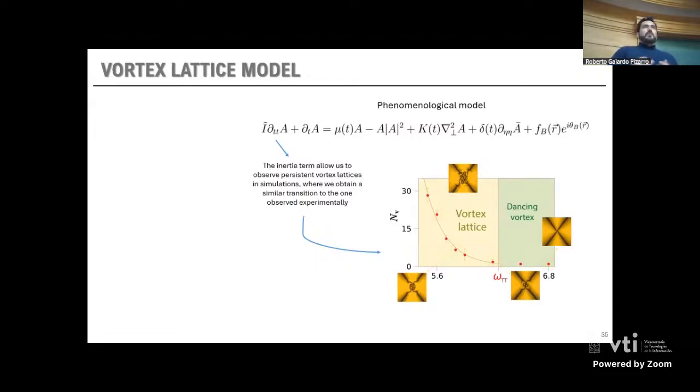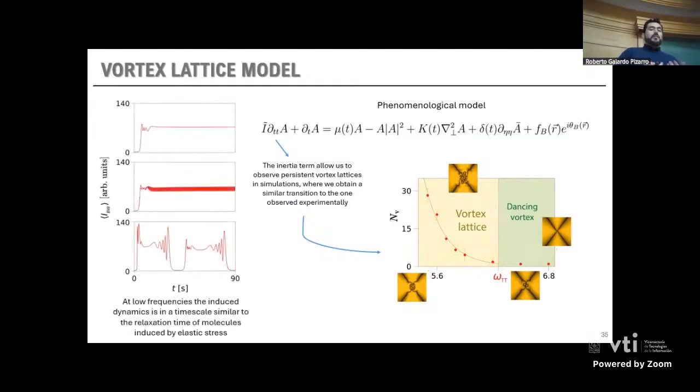But at some moment, after a lot of thinking about what to add to the phenomenological model to achieve the vortex lattices, we added an inertia term, and this inertia term allows us to have persistent vortex lattices.